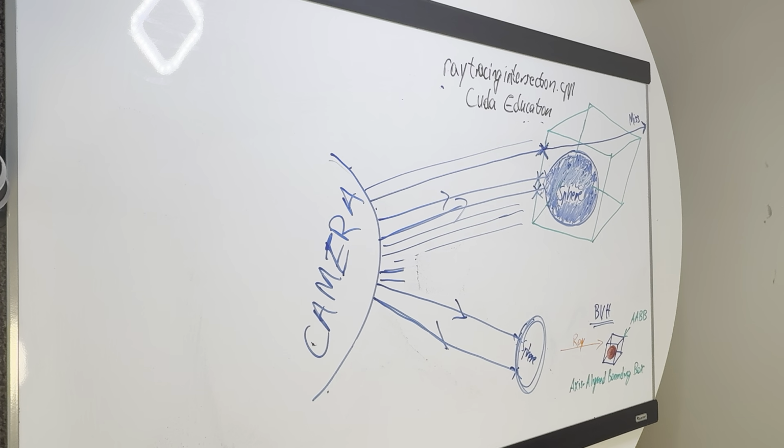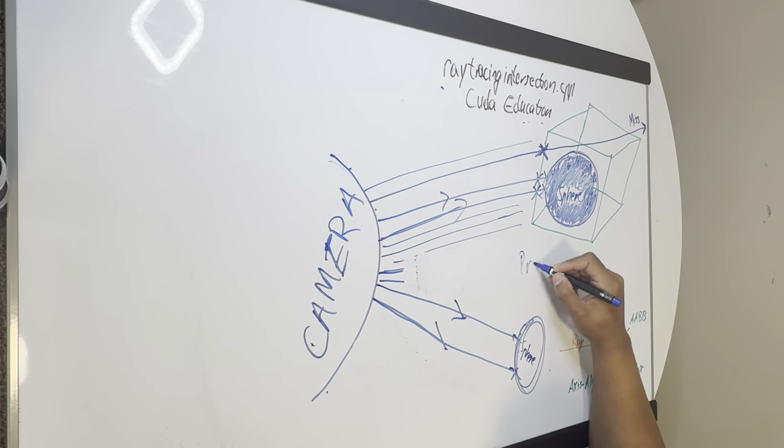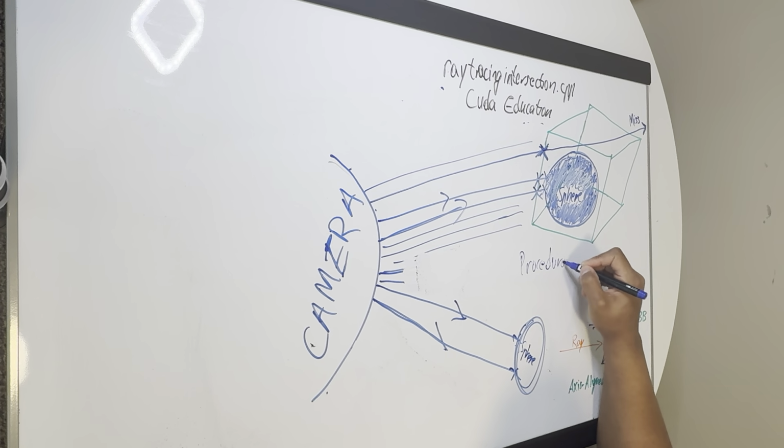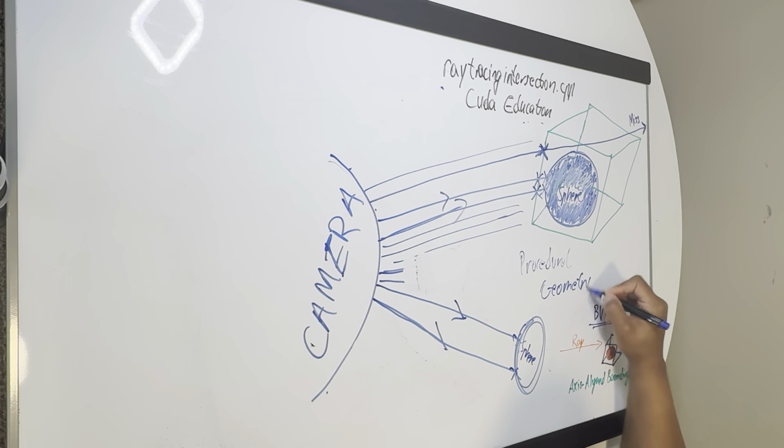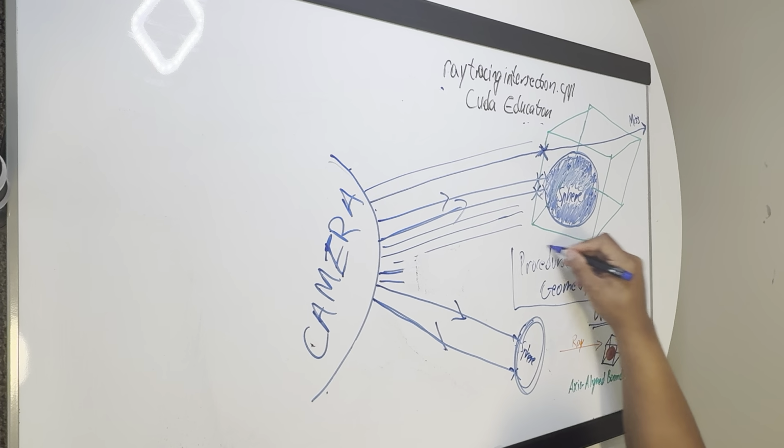It's called procedural geometry. Okay, this is a very important word.